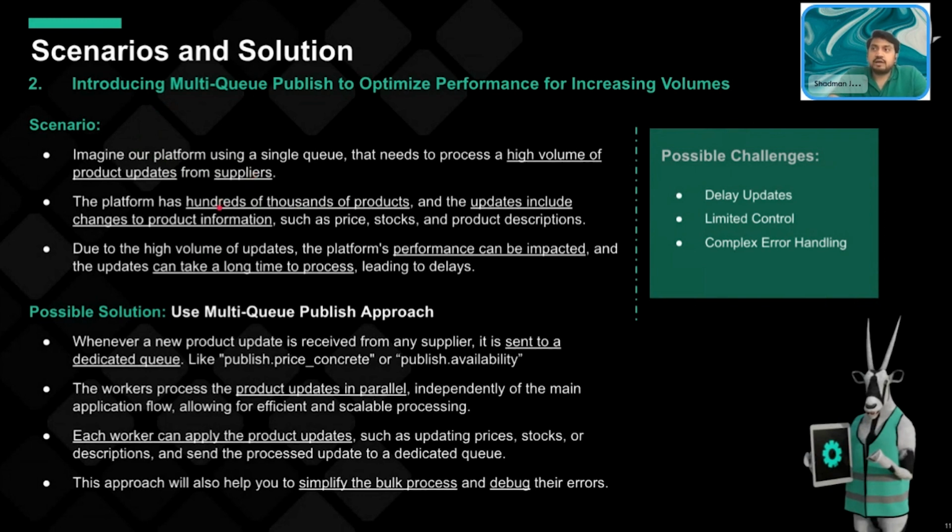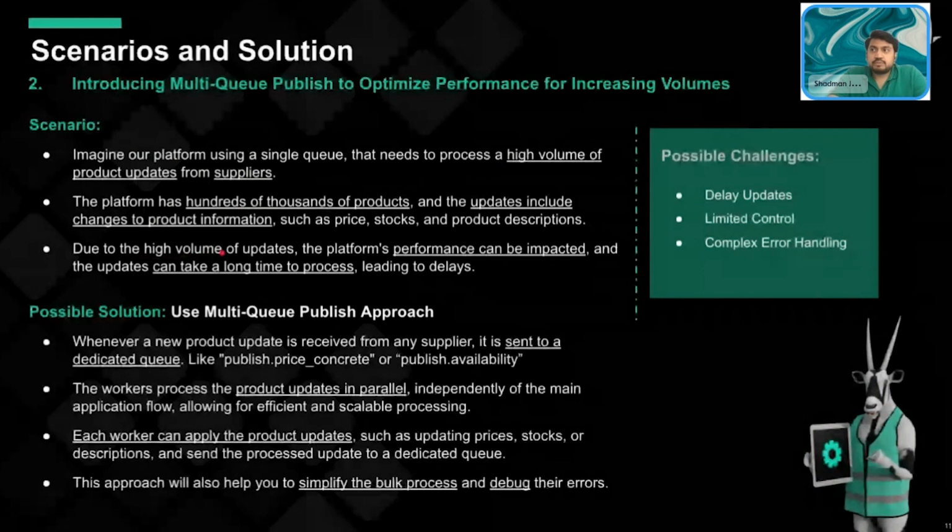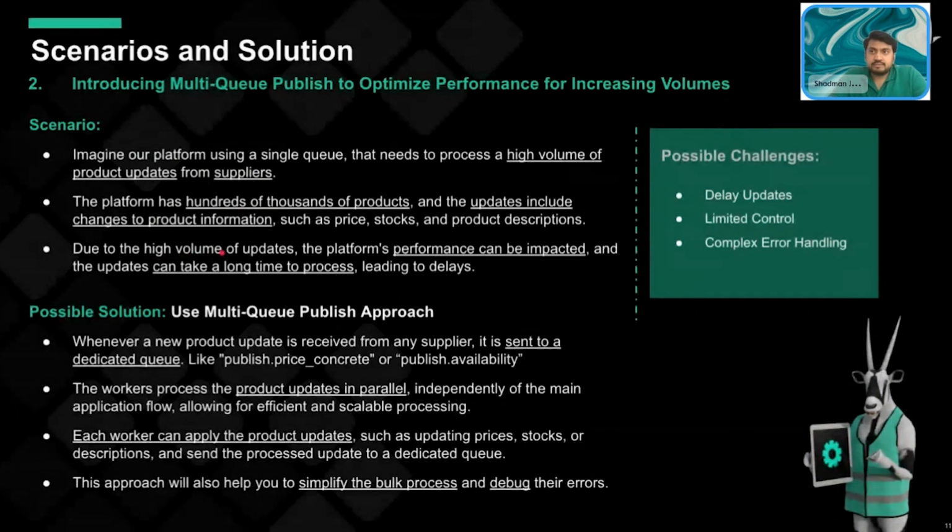Hundreds of products are updated, including product changes, information changes like stock, product description, maybe prices. Everything is in the queue, and we have hundreds of thousands of products. Due to the high volume of updates, performance can be impacted, and updates can take a long time to process, which leads to delays for your processes, right?